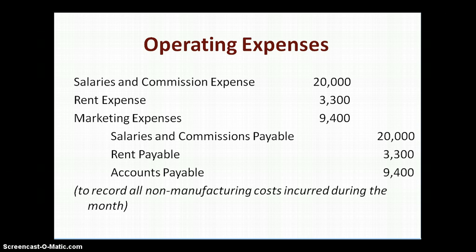Rent expenses, again, you would debit how much you would pay for rent and credit your rent payable. If you have marketing expenses, you would debit marketing expenses, credit accounts payable. This is very similar to all the journal entries you're used to in Accounting 1, so we're not going to get too much into operating expenses in this course.